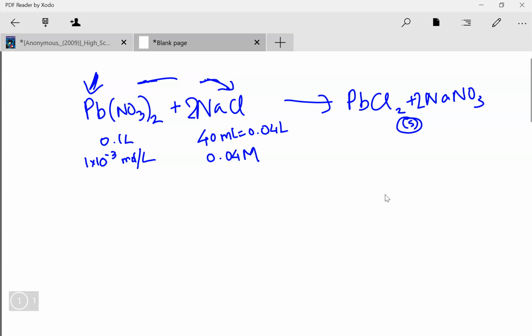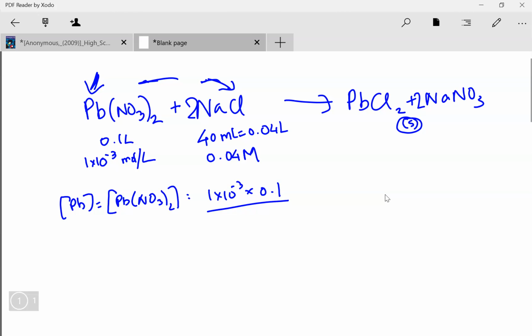So the lead concentration is equal to the lead nitrate concentration, which is 1 times 10 to the power negative 3 moles per liter times 0.1 liter. So this is the number of moles, and a dilution factor of 0.14 liters, because I have diluted this by adding 0.04 liters of another solution.